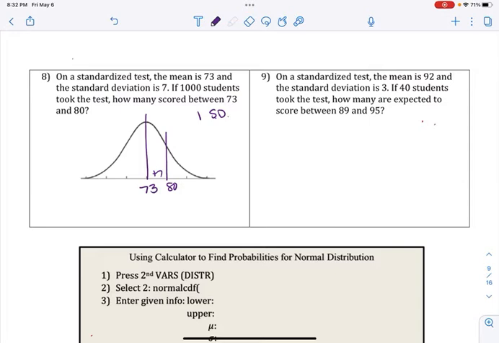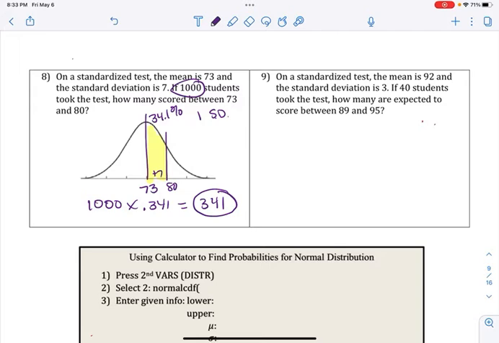All right, 1 standard deviation was that 34.1%. So all you're going to do is take the total number of students times 0.341, because I'm going to change that percent to a decimal. So 341 students scored between 73 and 80.